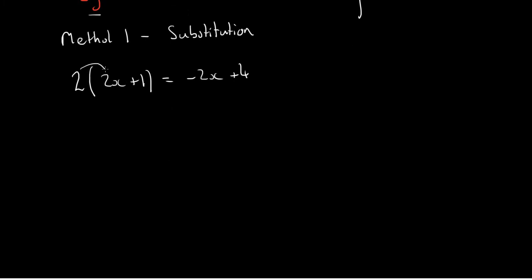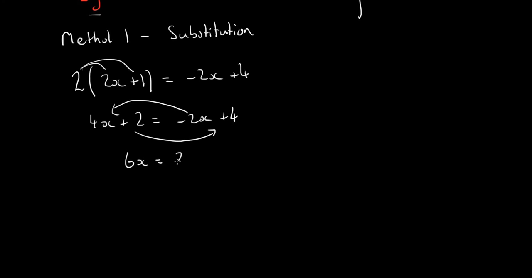Now we multiply out. We end up with 4x plus 2 is equal to minus 2x plus 4. If we take the minus 2x over and the plus 2 over, we end up with 6x is equal to 2, and therefore x is equal to 1/3.